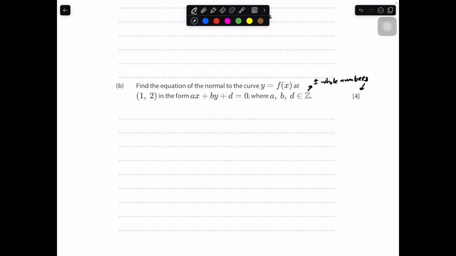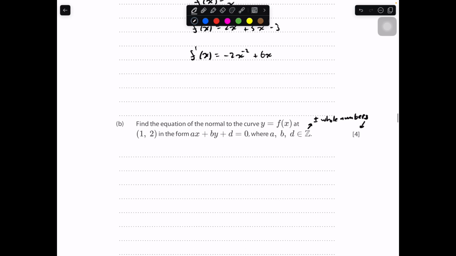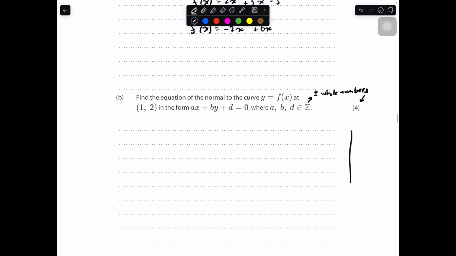Okay, how can we do this, and what is it asking us? The normal to a curve is the line that is perpendicular to the function. I'm going to draw the same function again, y and x, some function that goes up and down.